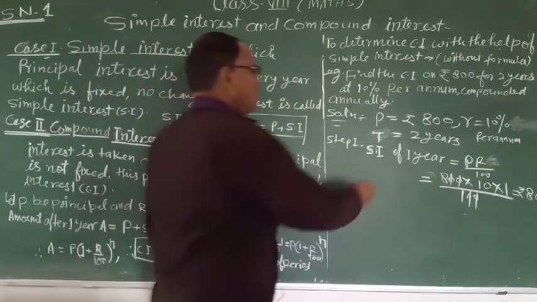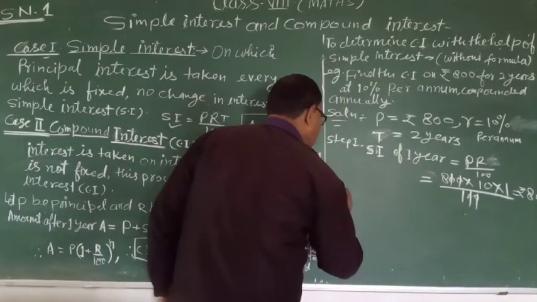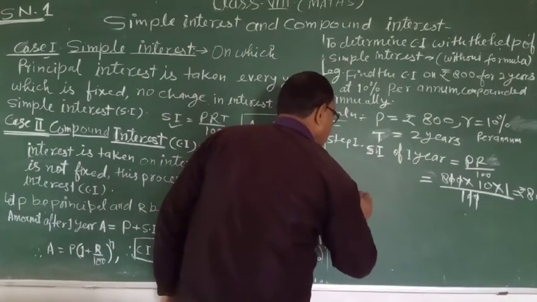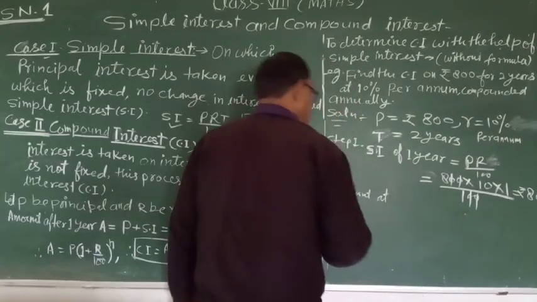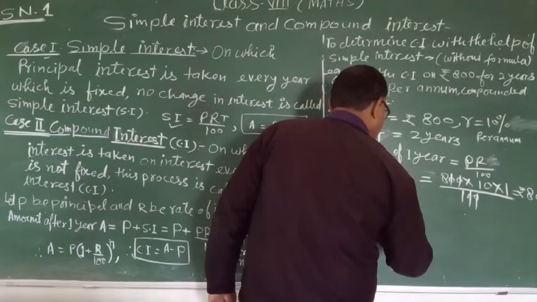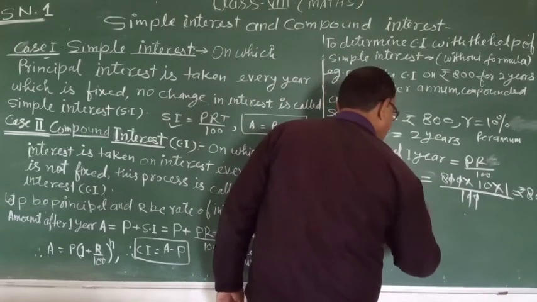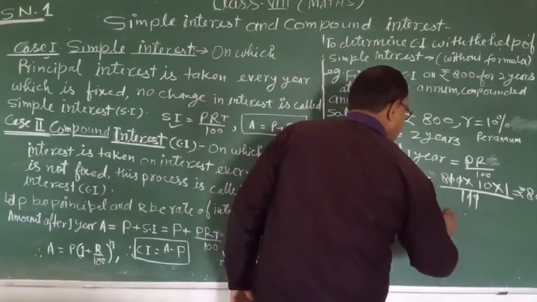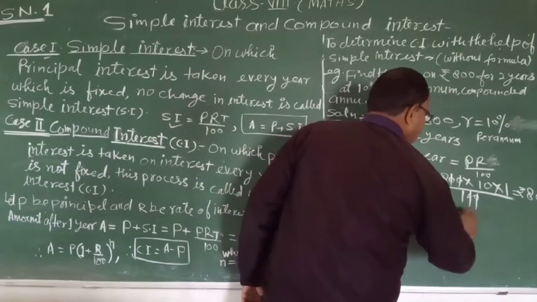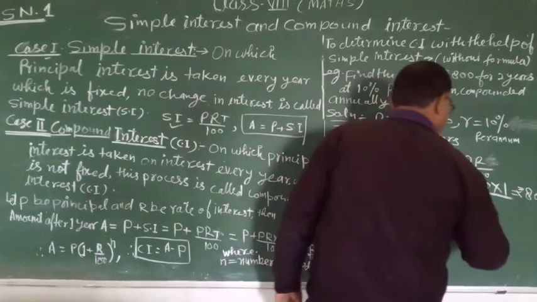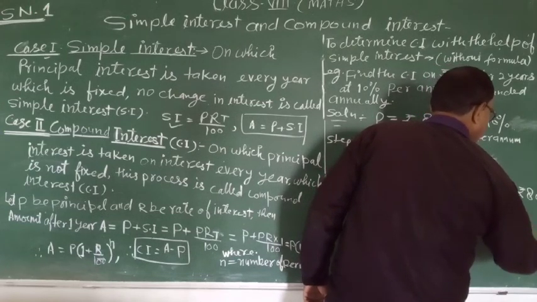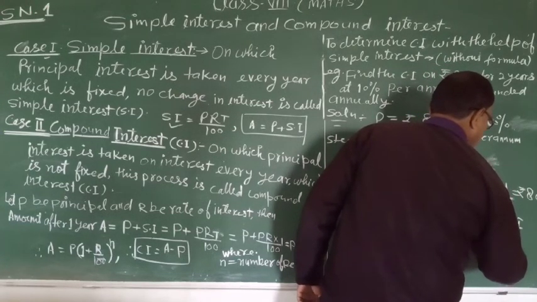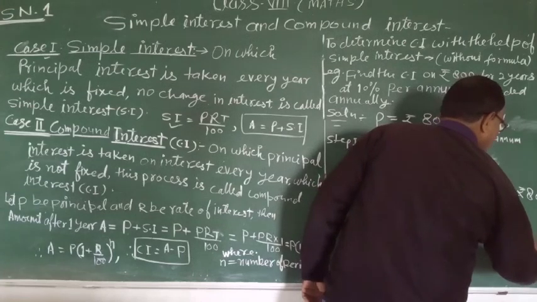Okay. After this, amount at the end of first year is equal to principal money plus SI, or 800 plus 80.